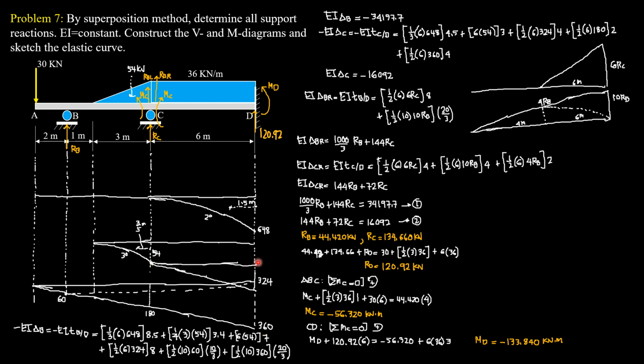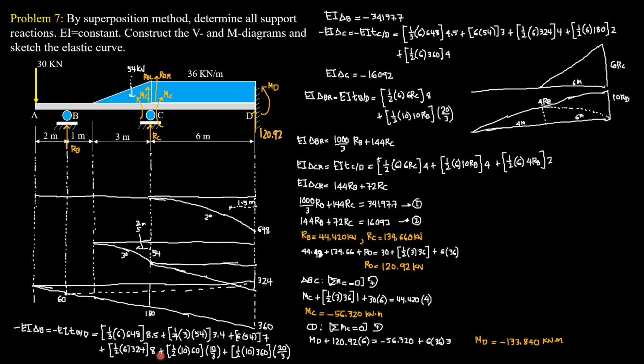Next, for this triangle, the area is 1/2 times 6 times 324. This is 1/3 of 6, 2 meters. So the distance of the centroid of this triangle from B is 8 meters: 10 minus 2, because that is 2 meters, 1/3 of 6.